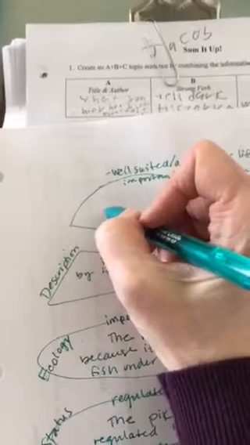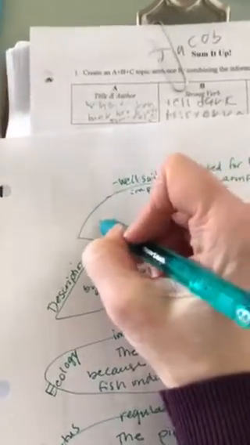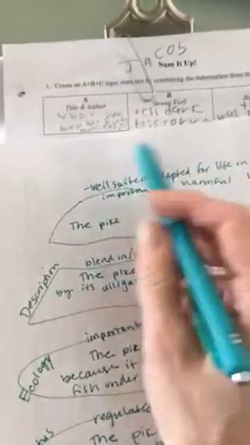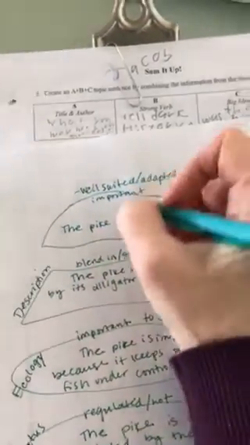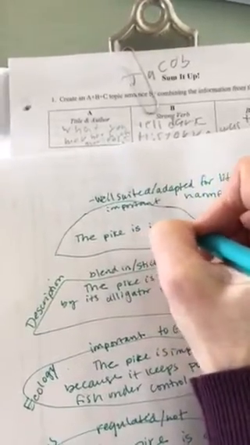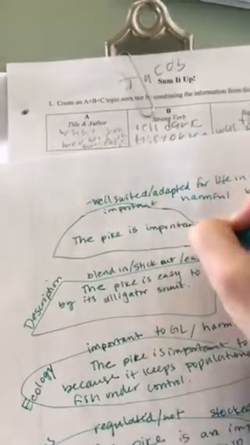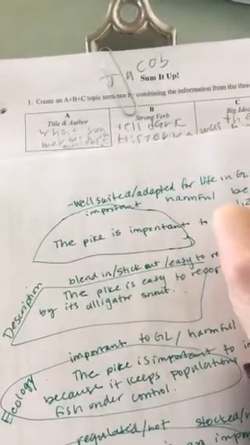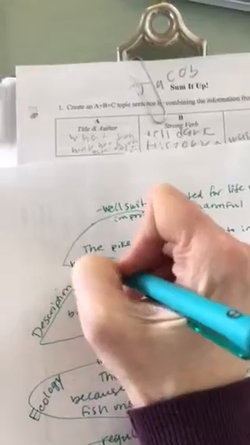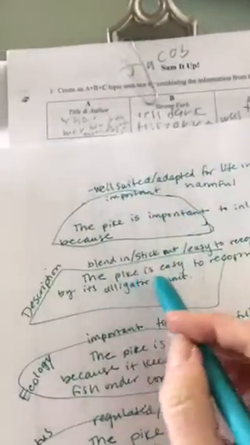So for example, if I was doing the pike, after I introduced it in this paragraph, this is what I'm going to say. I could say the pike, this is my thesis, is important to inland lakes because, and then I'm going to look down at these, right?